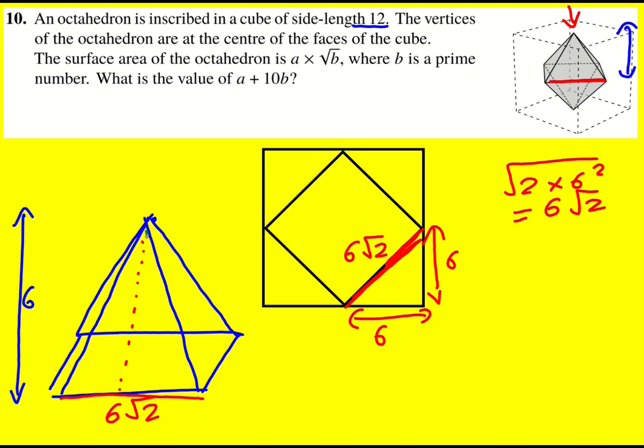Now I'm going to drop a perpendicular down to here, and we actually create a right angle triangle. Remember, this is coming down from the face. Here, this is my right angle. If I look at it from the side, it'd be like that.